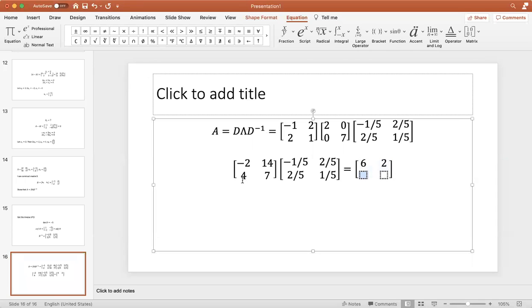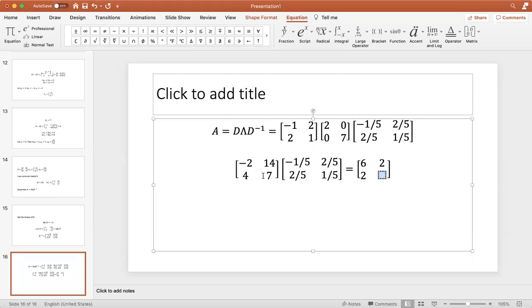Next, you have the second row, first column. So you have 4 times negative 1 over 5, that's negative 4 over 5 plus 14 over 5. That's 10 over 5, and you'll get another 2.